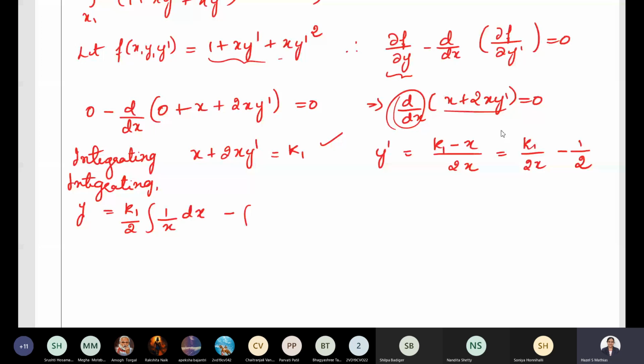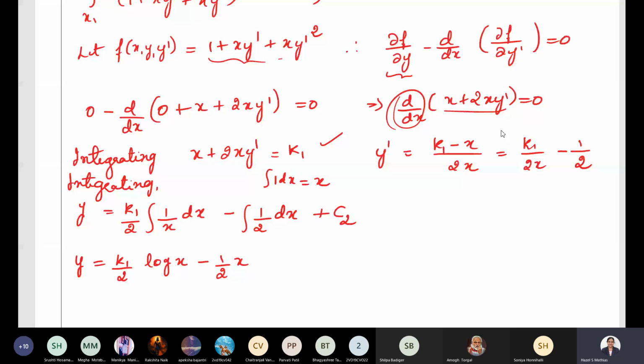Now what do we get? y is equal to k1 by 2 times the integration of 1 by x, which is log x, minus the integration of the constant term with respect to x, which is half times x.